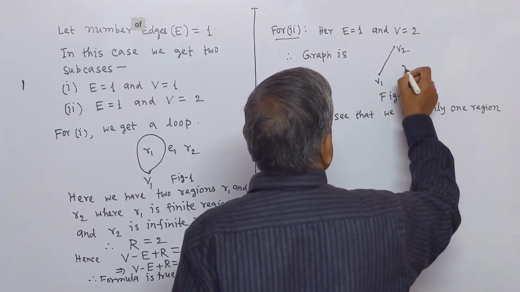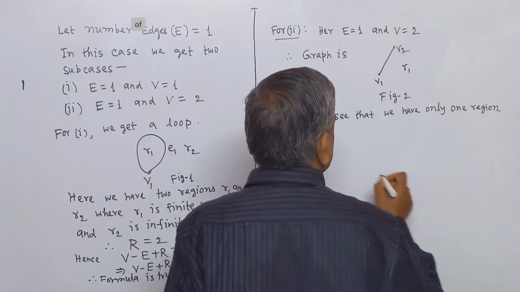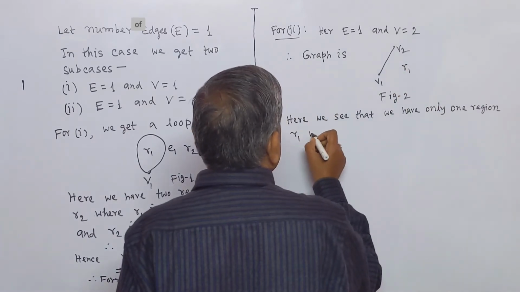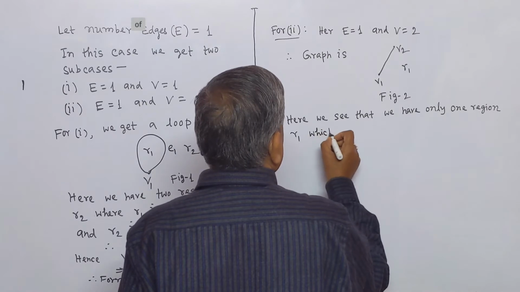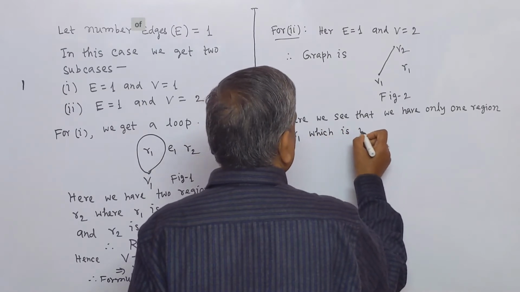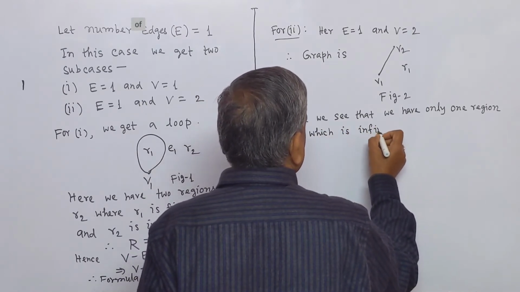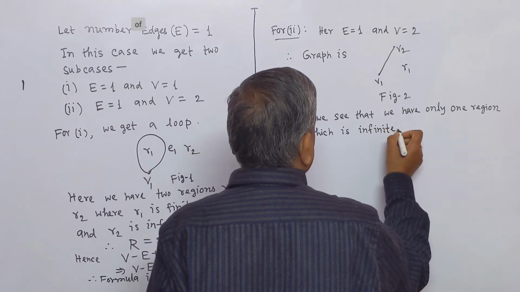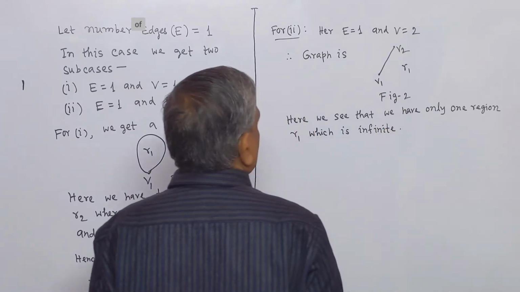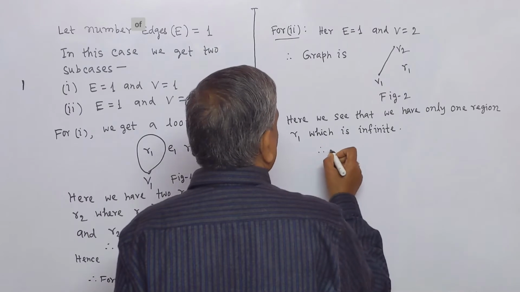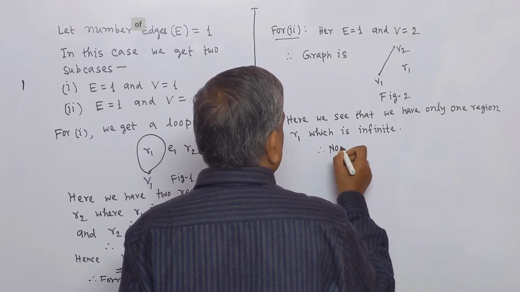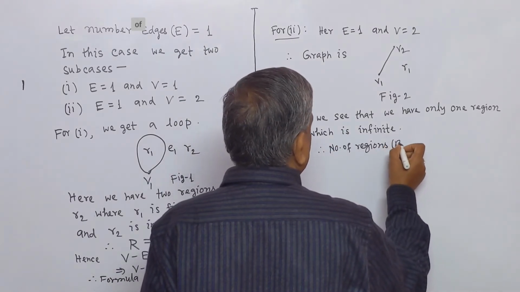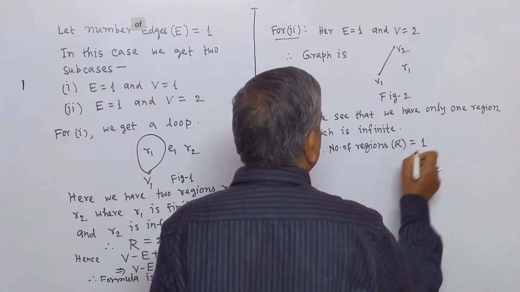Here region R1, which is infinite. Therefore, number of regions are equal to 1.